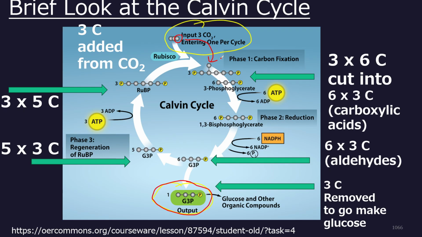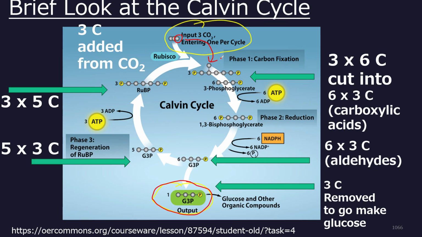Some further transformations, ATP will come in. That's like a phosphorylating agent, which changes the energies and transition states of these chains. Then that can shift to our G3P. One of those can leave.